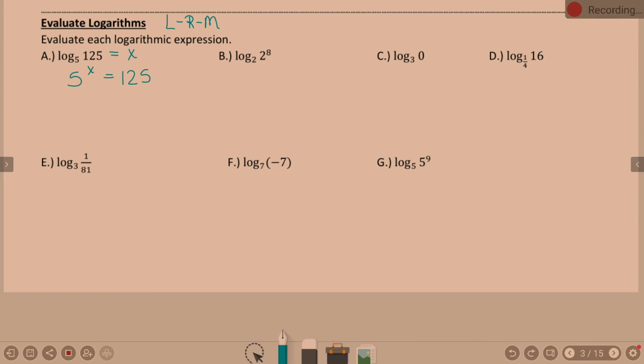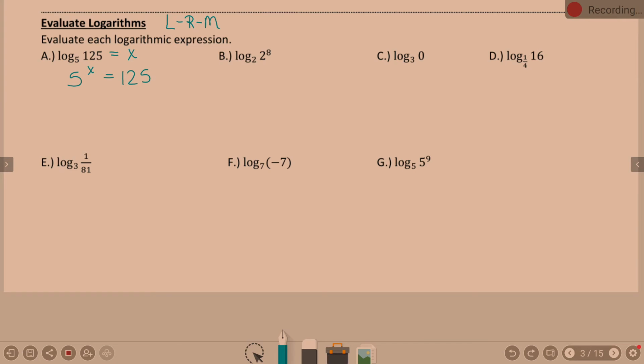Thoughts? Why 3, Trent? 5 raised to the 3rd is 125. And how do we know that? Because 5 times 5 is 25, and then 5 times 5 again is 125. That might just be one of those values you're starting to have memorized. It's a good one to know.